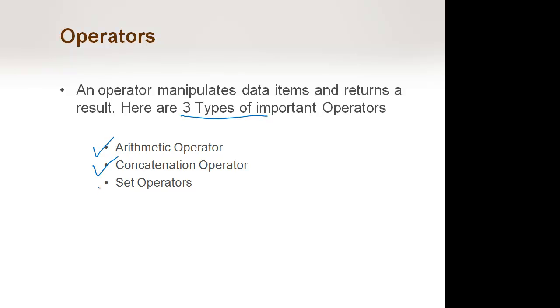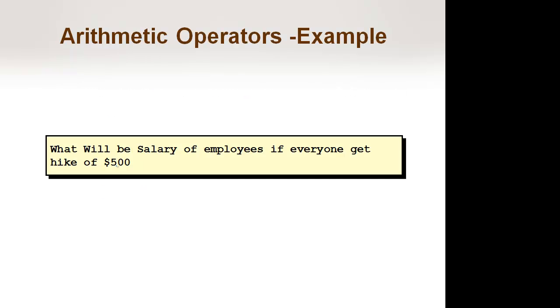The number one is the arithmetic operator, the second is concatenation, the third one is set. So let's explain these operators on the basis of some examples. So the question is, what will be the salary of employees if everyone gets a hike of $500?